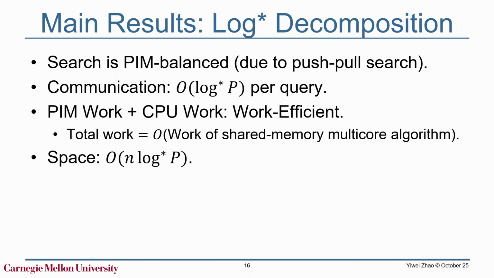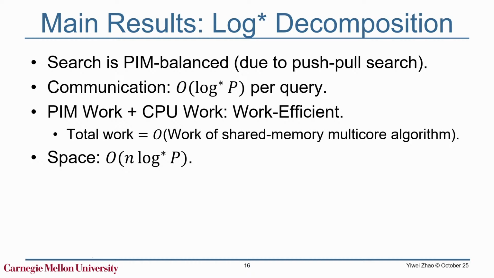The main results after applying this log star P decomposition are like this. First, the search is PIM balanced because we still adopted the push-pull search as introduced in previous talks. Next, the communication is reduced to order of log star P per query because we only need to cross the borders between the groups. In each of the groups, it is local.